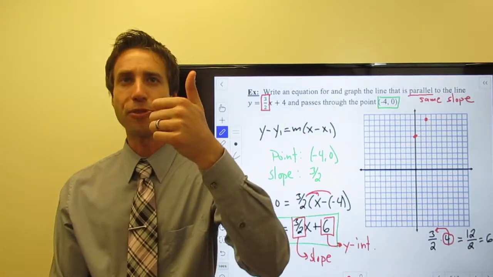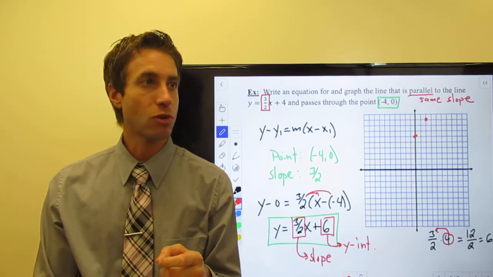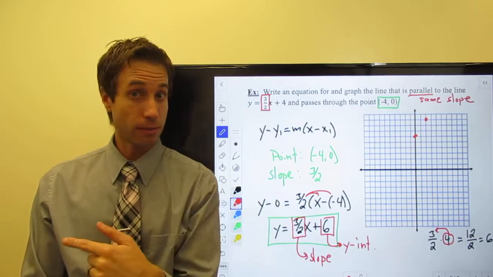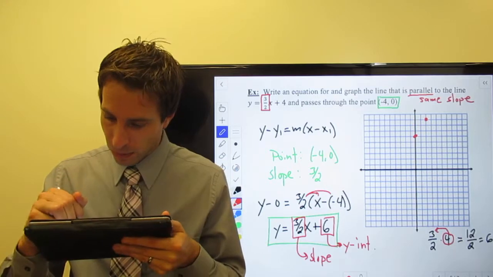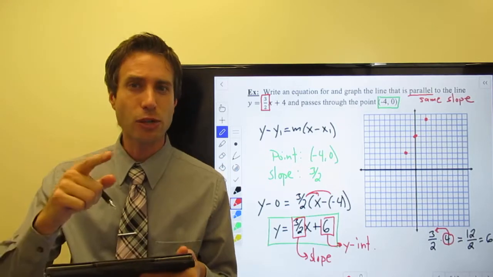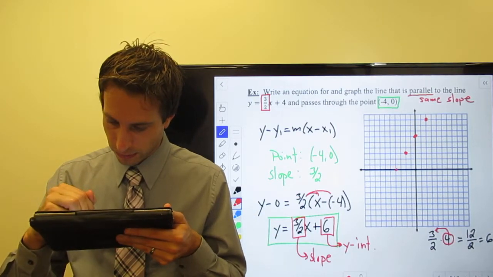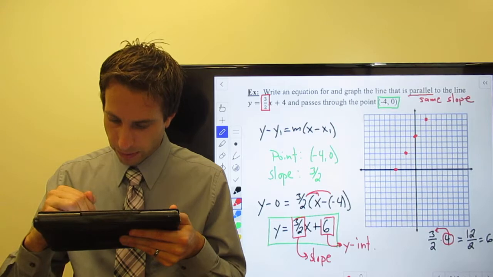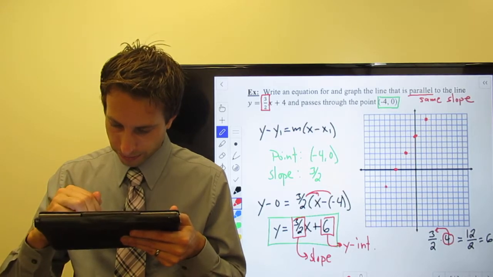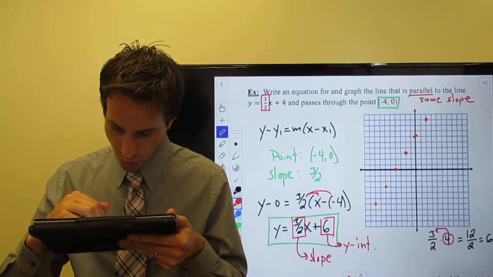So going up 3 and right 2 is exactly the same as going down 3 and left 2. Let's try it. 1, 2, 3. Oh yeah, look at that. That definitely worked. In fact, it worked so well, let's do it again. I'm just going to keep going. Nice.